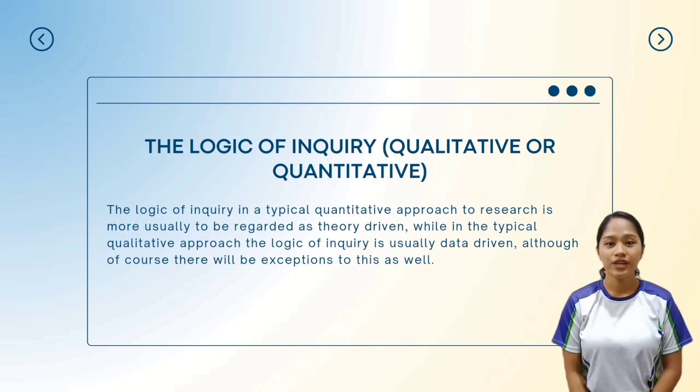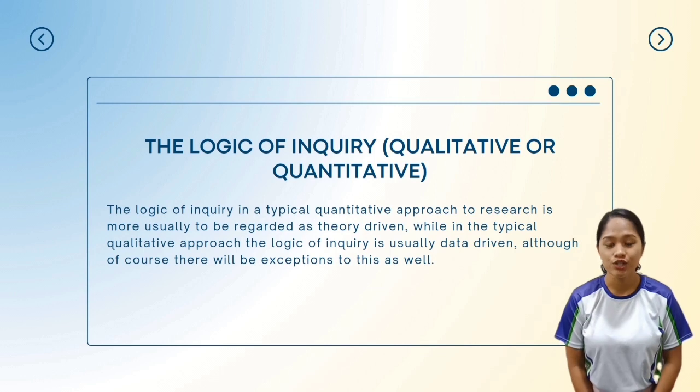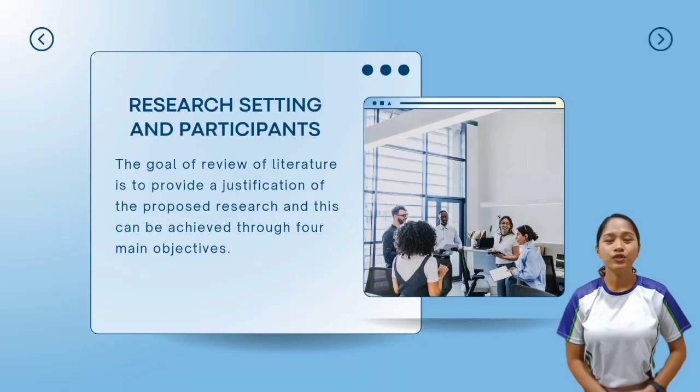The logic of inquiry, or qualitative or quantitative. The logic of inquiry in a typical quantitative approach to research is more usually to be regarded as theory-driven, while in the typical qualitative approach, the logic of inquiry is usually data-driven, although, of course, there will be exceptions to this as well. Research settings and participants.